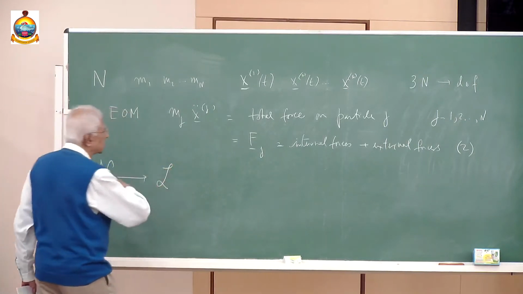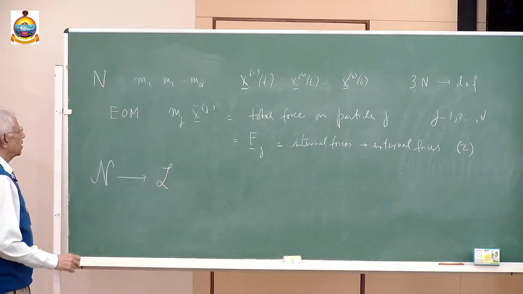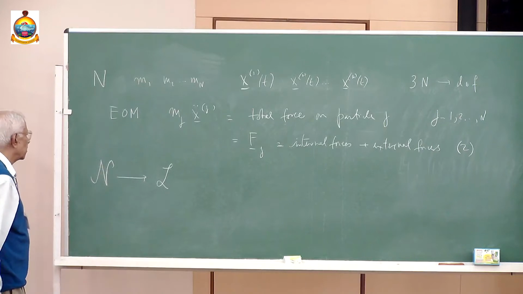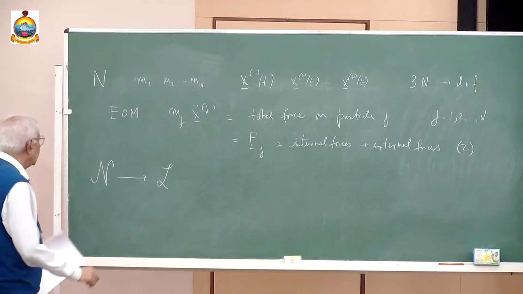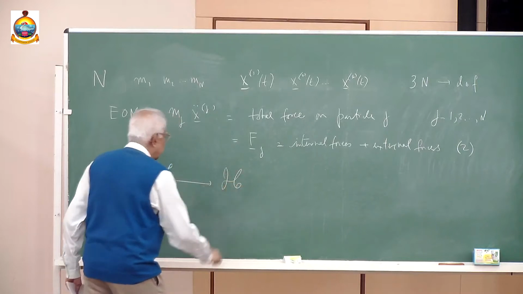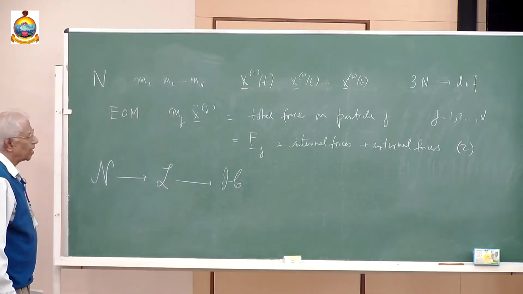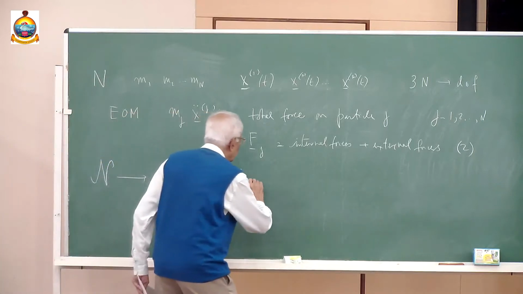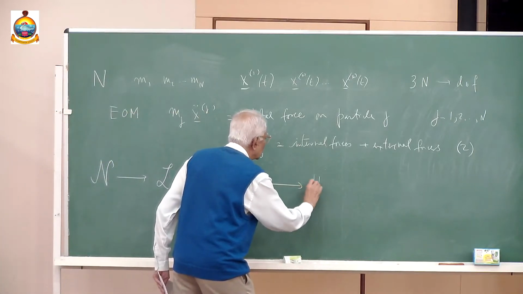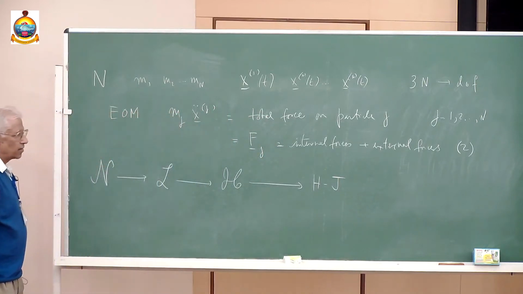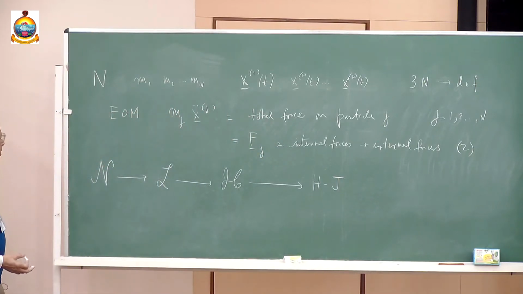Then next we are going to look at the Lagrangian way of describing this same set of equations of motion. Then later we will see how to describe it in the Hamiltonian form, and finally we will see how to describe the motion by the method of Hamilton-Jacobi theory.